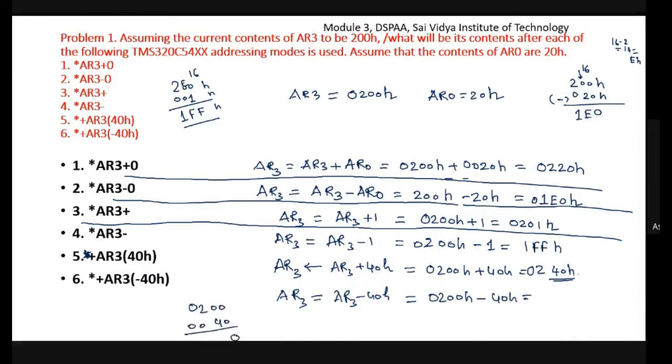Here 0 minus 0 is 0, not a problem. Here with the 16 borrow, 16 minus 4 is 12. 12 in hexadecimal is C, since 10 is A, 11 is B, 12 is C. So 01C0 hexadecimal is the answer.